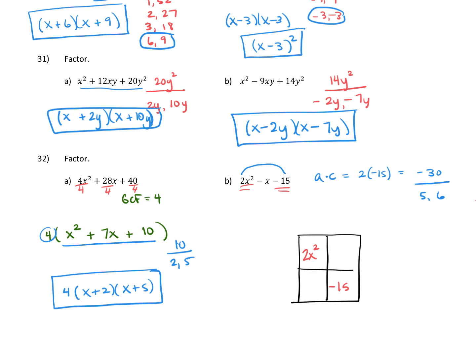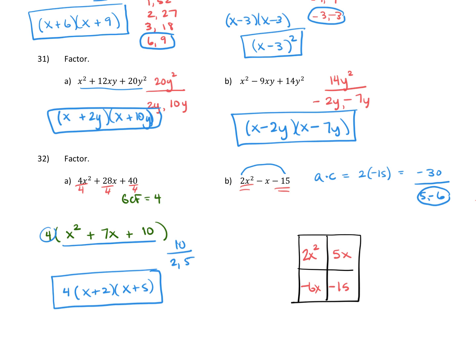Since the b value is negative, I can make the 6 negative. And now this is our factor pair that adds up to a negative 1. So we're going to use this factor pair. We're going to go back to the box and fill in a 5x in one box and a negative 6x in that second box.